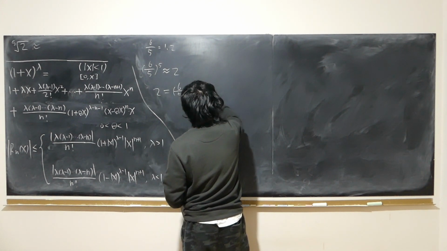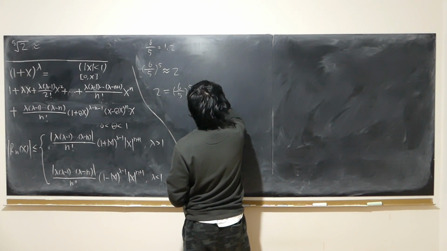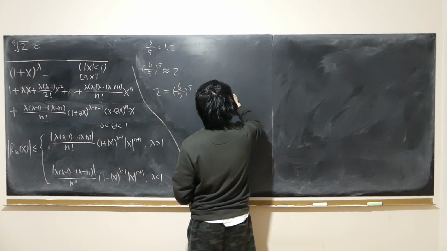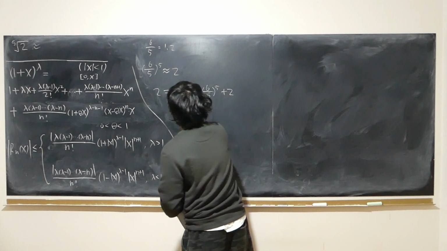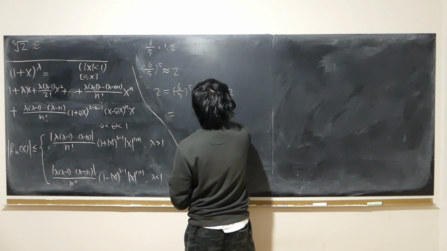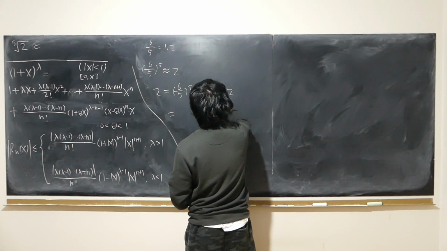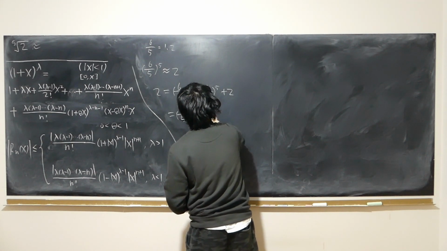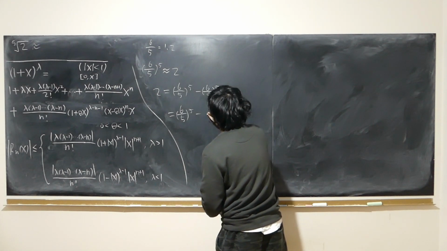Right? Then we minus the same thing, and we plus 2. Still the same thing. So again, it is equal to, first of all, copy this down. Factor out this thing. Right? Factor it out.